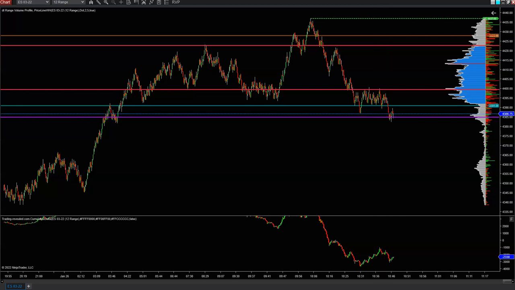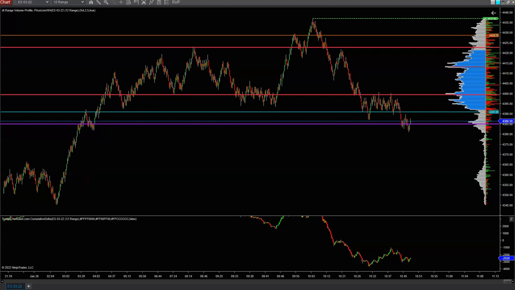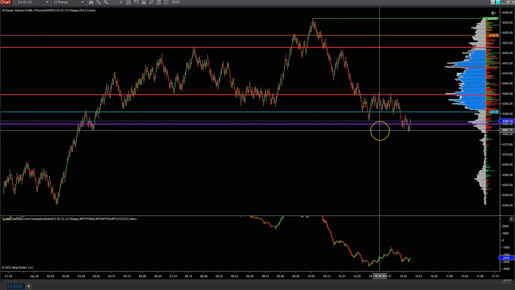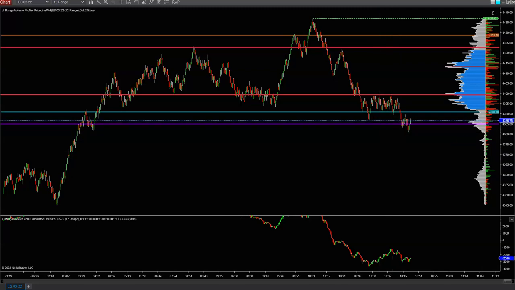Be careful if you're trading today because we have FOMC at 2. Okay. Market keeps making these swings to the downside, so yeah, be careful.